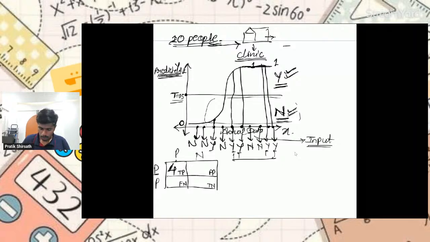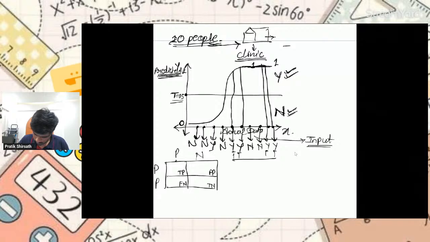Ab model ne predict to kiya but they were actually negative. So how many are they? Actual negative kitna hai? Let me point out: 1 2 3 4 5. And from this, how many were predicted as positive? Let me undo this. Wait. So these were 4.